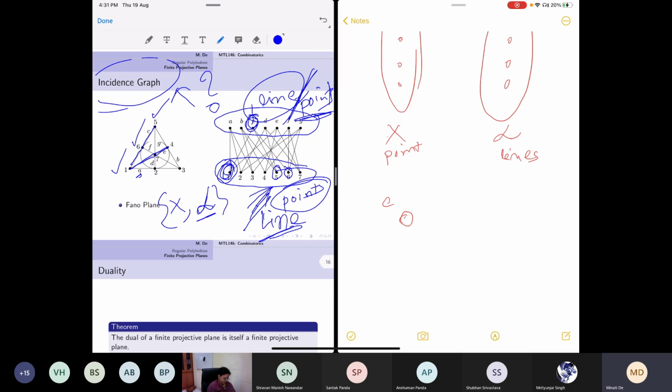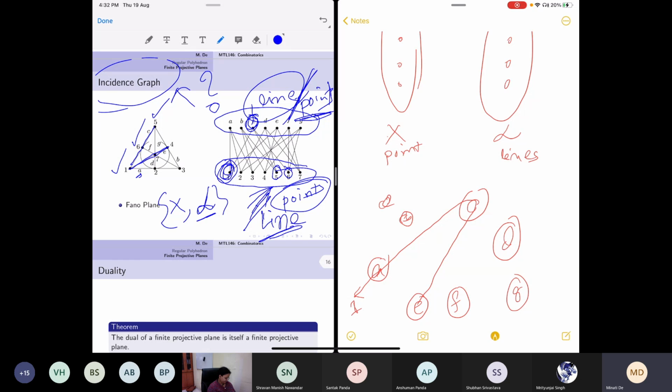So now you can draw this: A, B, let's say this is C, this is D, E, F, G, right? Now let us consider the line 1. This is corresponding to line 1. So 1 should contain A, C, and E. So A, C, E, this line I am referring to as 1.